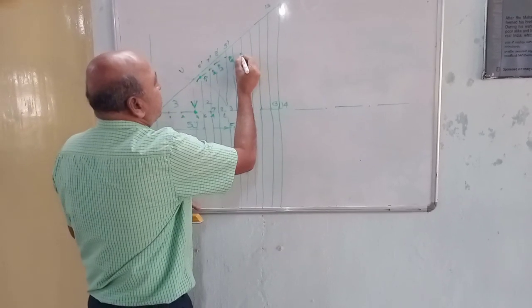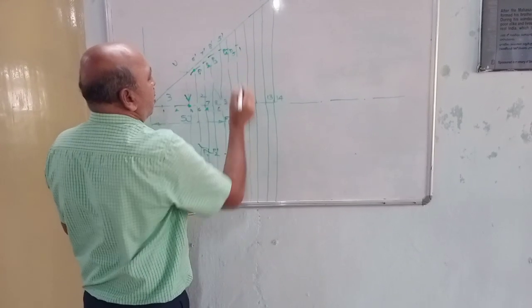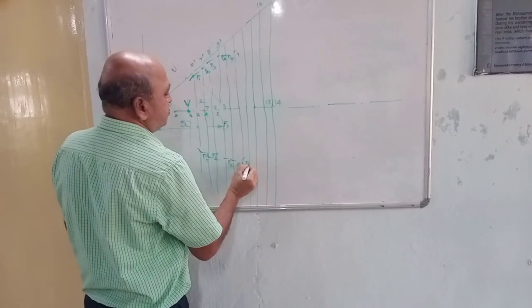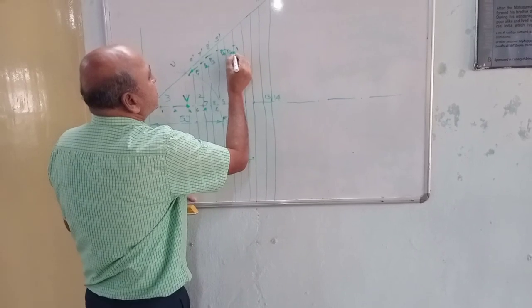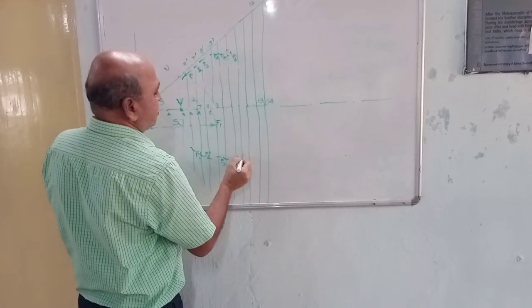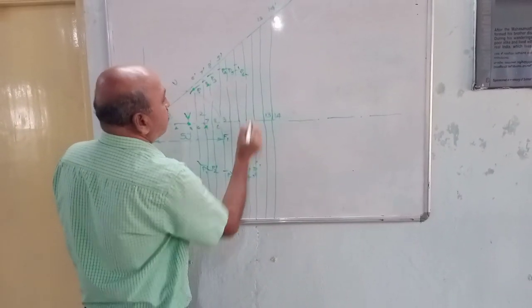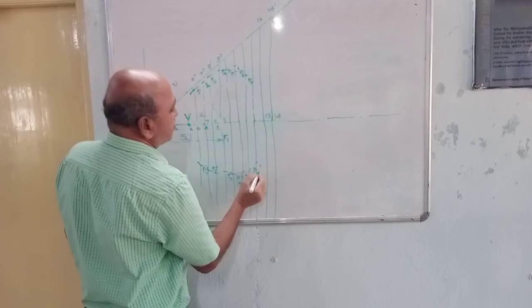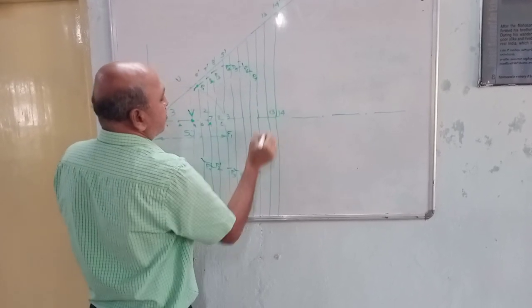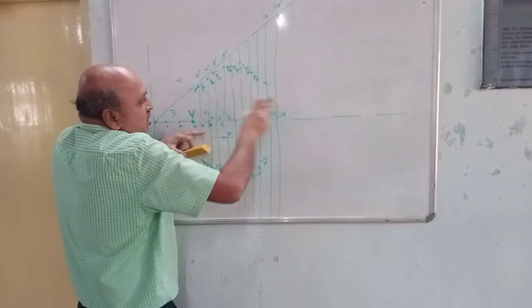Then next P5, P5 dash, P6, P6 dash, P7, P7 dash. P8, it is bending as it is going further.